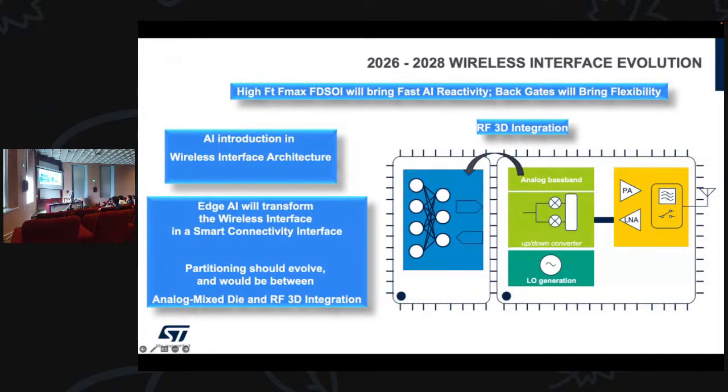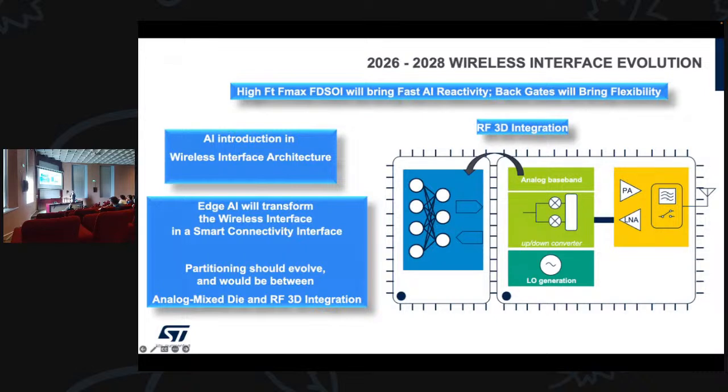And what we need in this kind of architectures, we need FD-SOI. We need fast AI reactivity. The backgate will bring the flexibility. And obviously, with the 3.5 high frequency part of the transceiver, we did RF 3D integration.